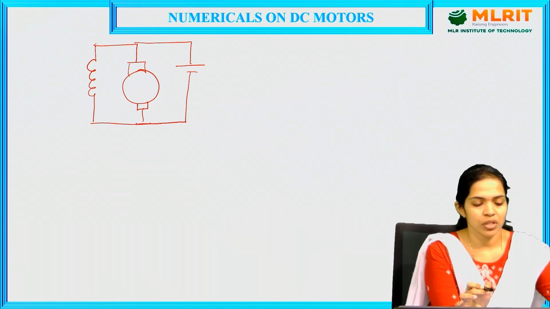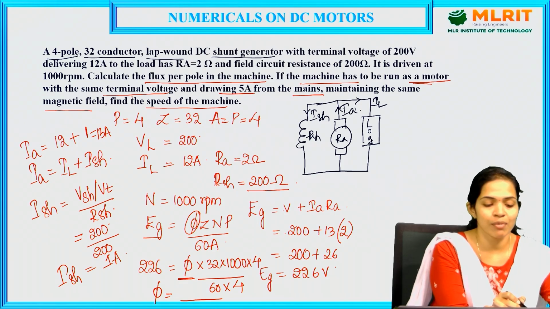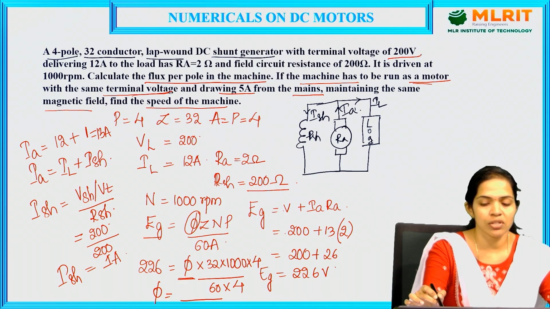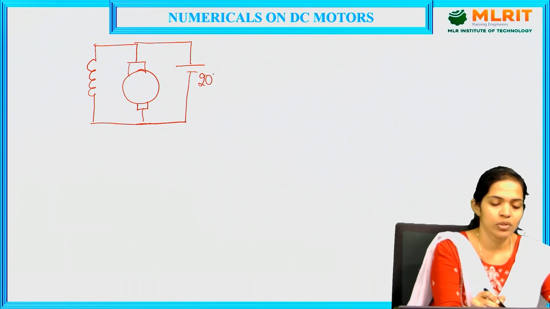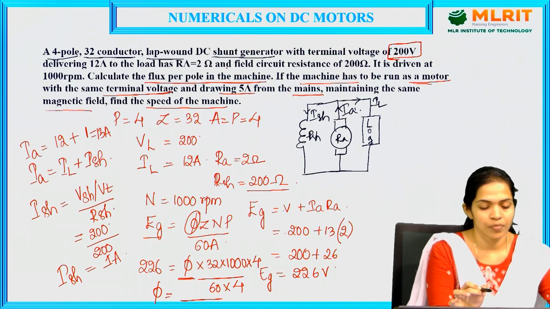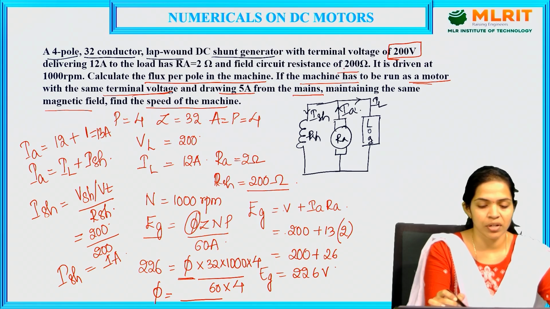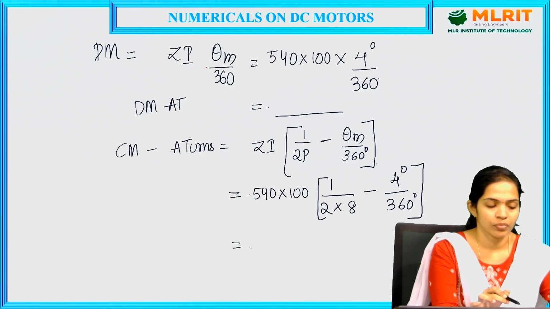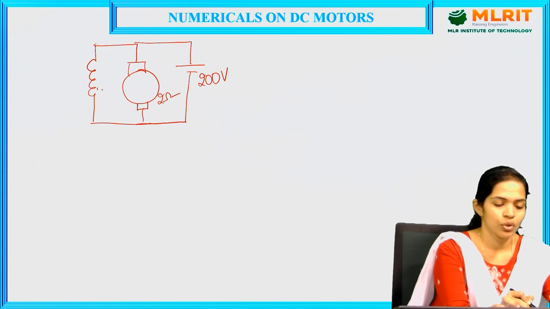In the question, he is saying that the machine has to be run as a motor with the same terminal voltage, which is now 200. Taking this 200 volts here, shunt resistance and armature resistance being the same, 200 ohms and 2 ohms.